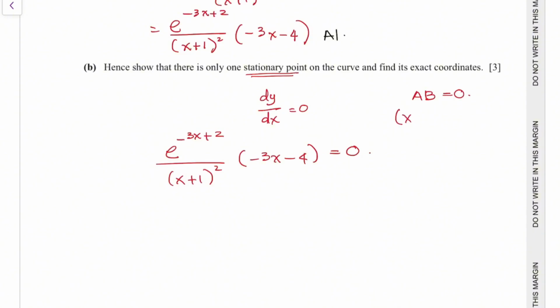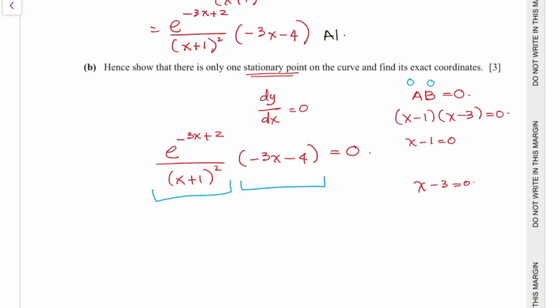For example, when you do x minus 1 times x minus 3 is equal to 0, then you would say that, oh, x minus 1 is equal to 0 or x minus 3 is equal to 0, because that is basically what happens when you multiply two number becoming 0. It's either the first number is 0 or the second number is equal to 0 or both numbers are 0.